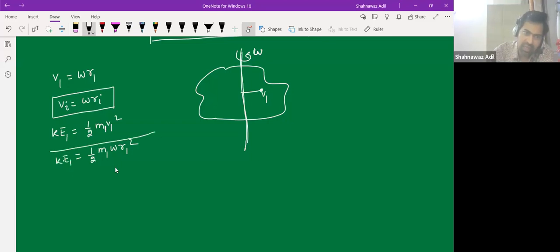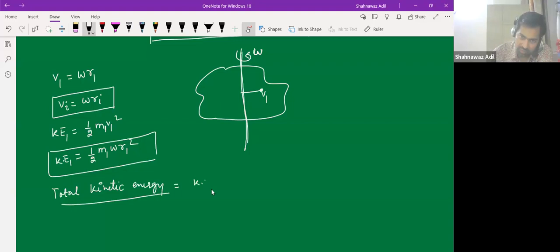And similarly, if I calculate the total kinetic energy of this rigid body, this would be the sum of all the individual kinetic energies, so particle 1, particle 2, and particle 3, all these different particles.